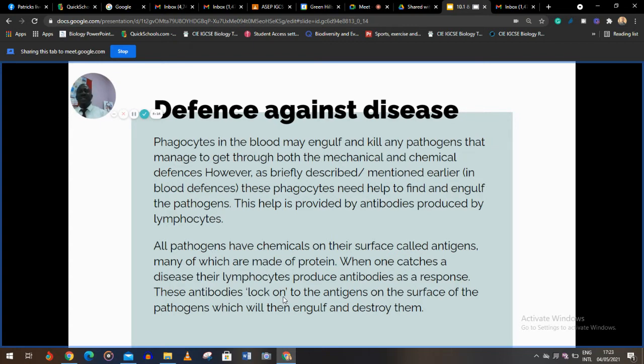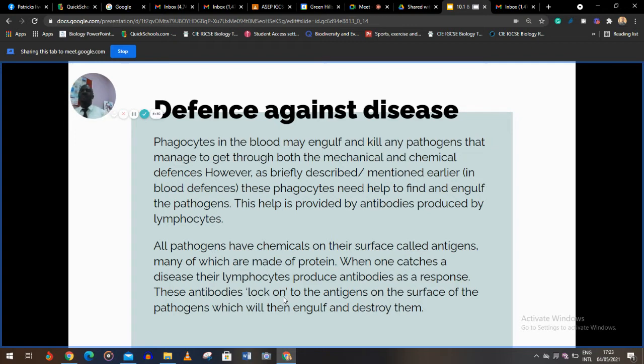So everything in the body requires an identification, through specific proteins which are supposed to be identified. Upon identification, we can produce a specific defender that can easily attack that pathogen.